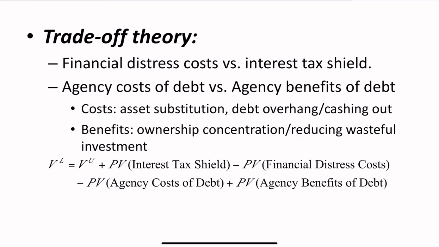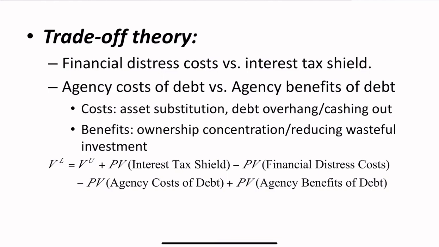And then debt overhang basically means if the firm has the possibility of default, then even if it's a positive NPV project, investors potentially sometimes will not want to invest in this positive NPV project. Again, this reduces the firm's value.